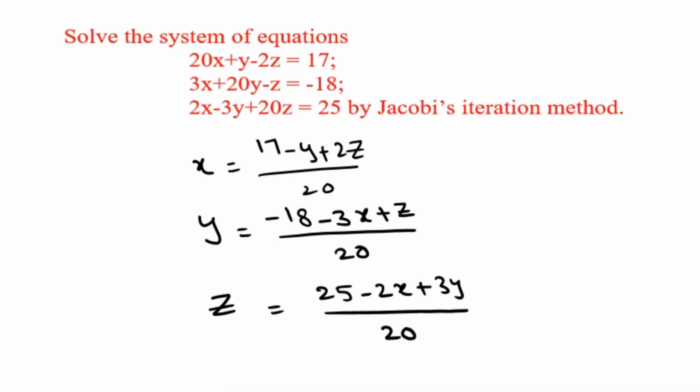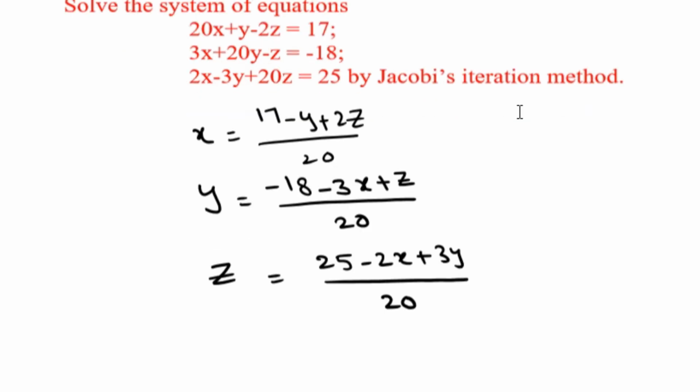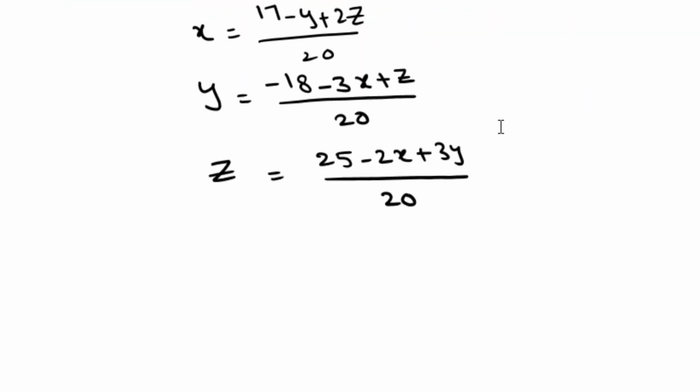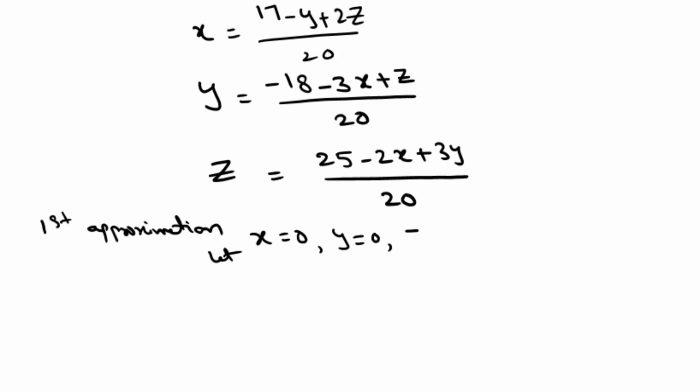Now in the first approximation in Jacobi iteration method, we will consider x equals to 0, y equals to 0, and z equals to 0.